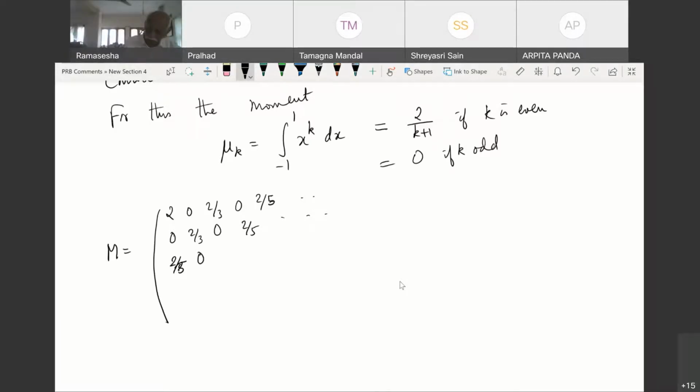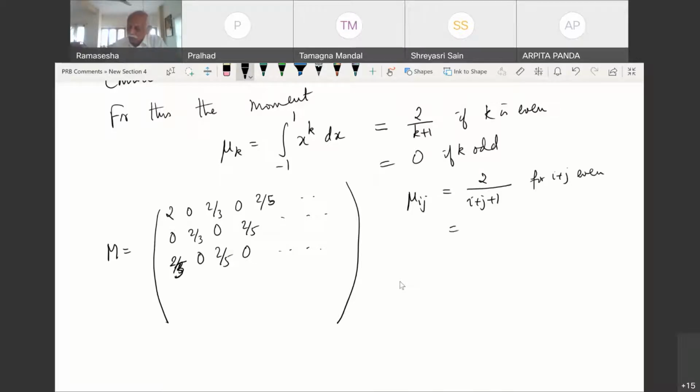Okay, you just have to write down that mu i j is equal to 2 upon i plus j plus 1, and equal to 0 for i plus j odd.